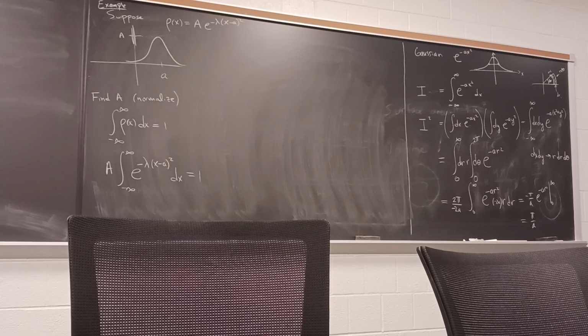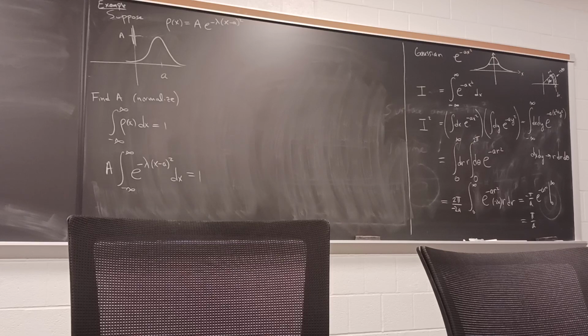Oh, yeah, so it's gotta be some. So is A equal to a over pi? Does an integral like that always give you pi over a? No? Oh, pi over lambda, I mean.